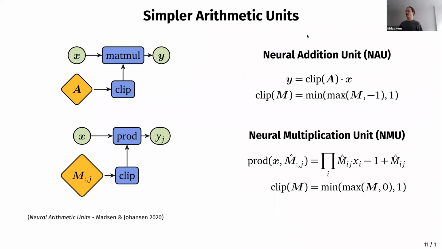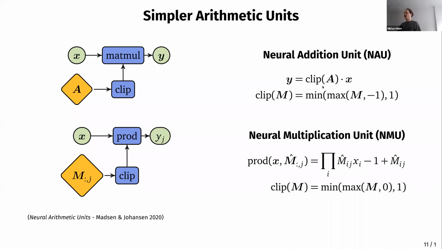Then we have the next guys, which try to fix this convergence issue by not gating between this addition and multiplication path, but by stacking specialized layers that can only do addition and only multiplication on top of each other.